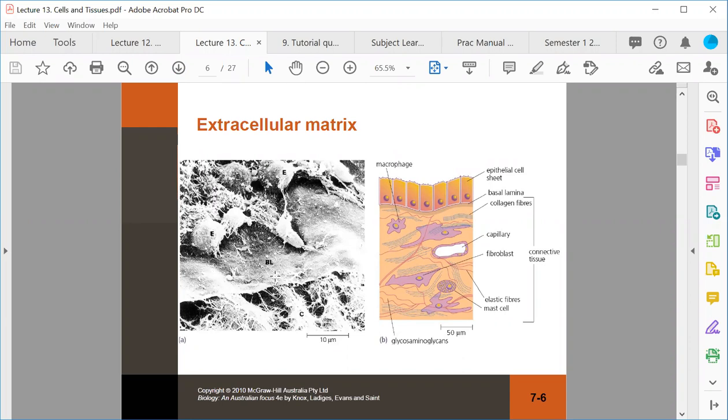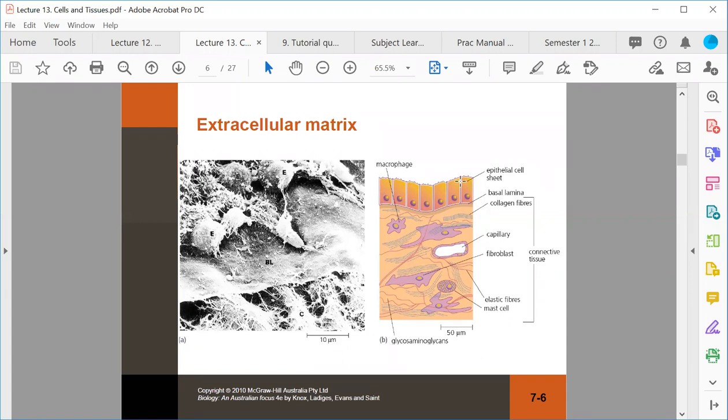Then under the basal lamina, we have cells of the connective tissue, and those cells are surrounded by the other type of extracellular matrix, which is called the interstitial extracellular matrix. That's also illustrated here on the right, probably easier to work out what's what.